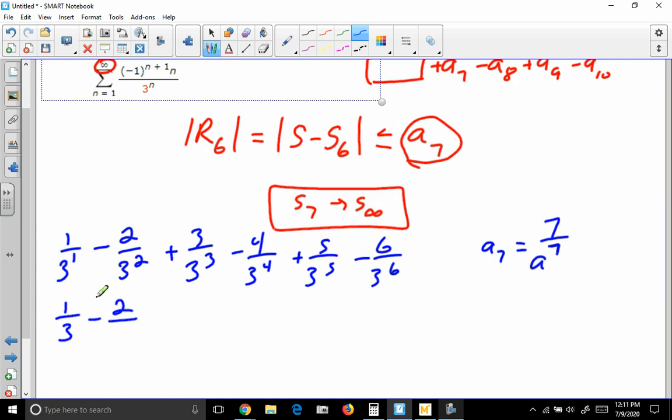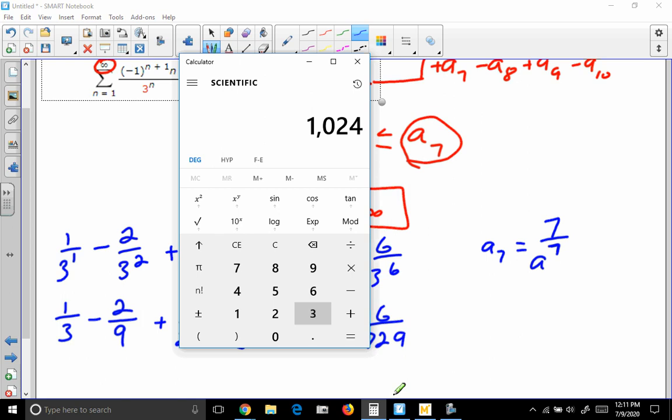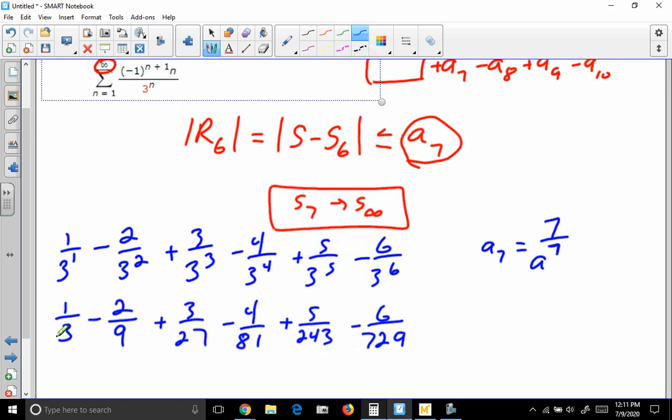So we have 1 over 3, 2 over 9, 3 over 27, 4 over 81, 5 over 243, and 6 over 729, 3 to the 6th. Now if we combine those, that's going to give us an approximation for our sum.